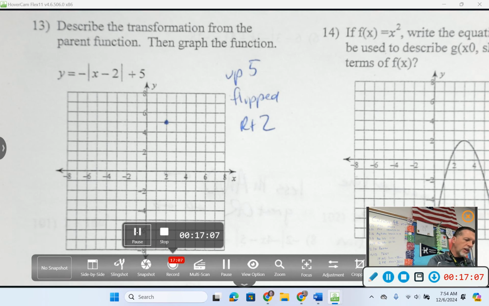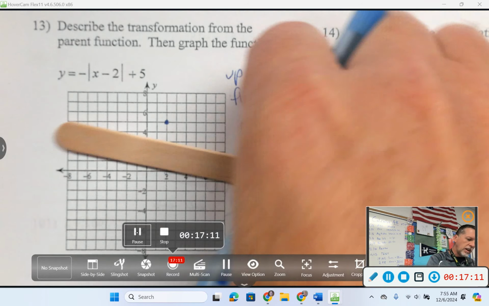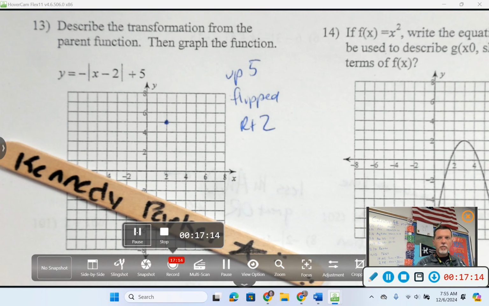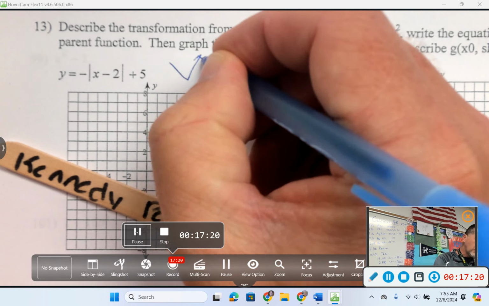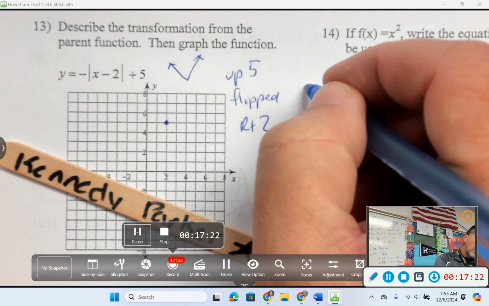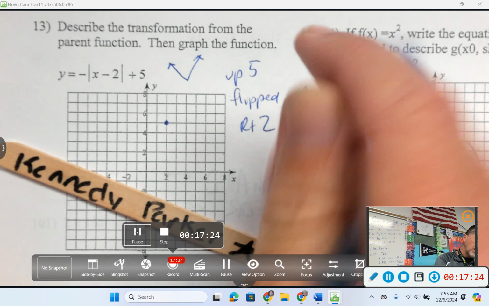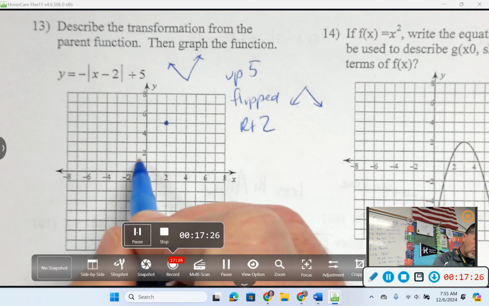Oh, before I even think about starting points, I should probably think about, Kennedy, what does this graph look like? Forget the transformations. Like, what's the parent function look like? It's the V. So the parent function would be a right side up V. It's flipped, so it'll be an upside down V. Okay.